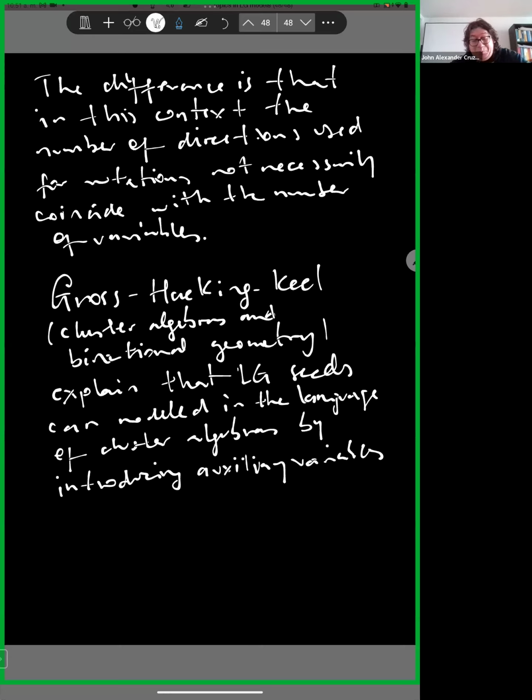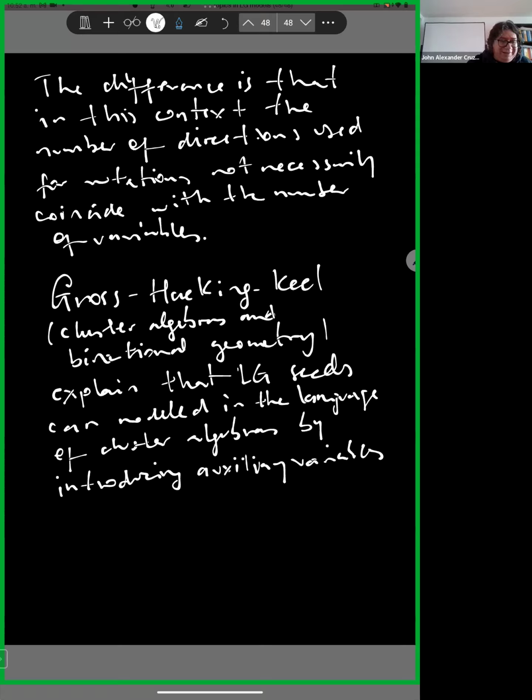But let's say that it is accepted that we can get the usual cluster algebra stuff using this approach, right?